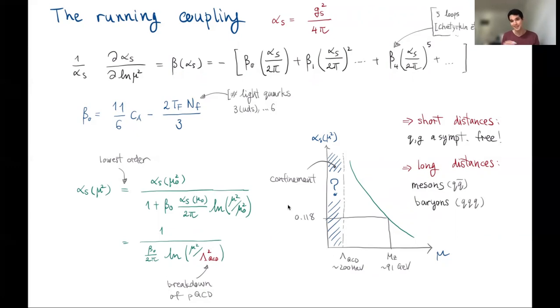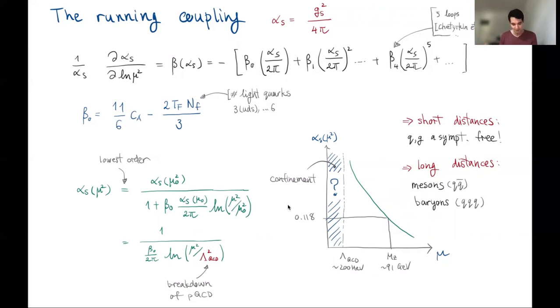And its sign, as we all know, is responsible for the property of asymptotic freedom in QCD. This N_F that appears here gives us the number of light quarks. We always have 3, so u, d, s are always considered light, but depending on the scale, this can go up to 6 even.